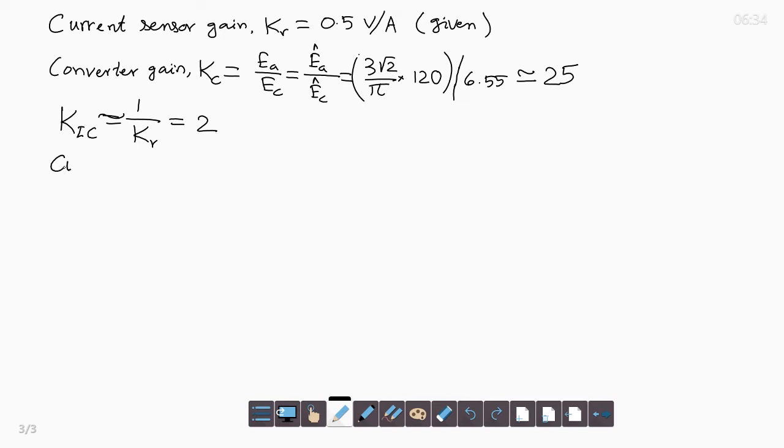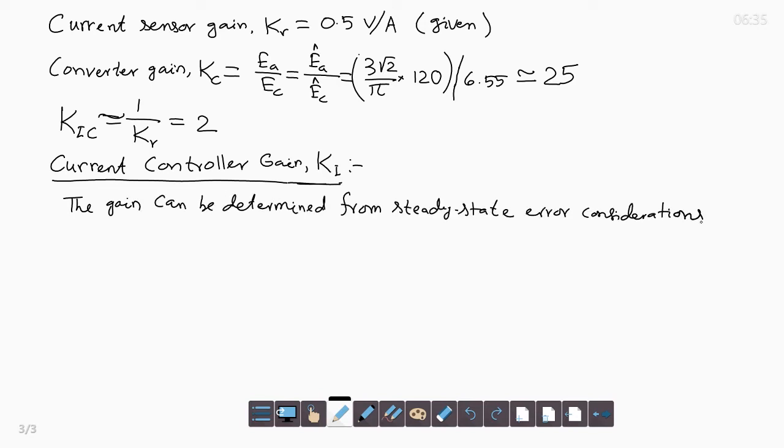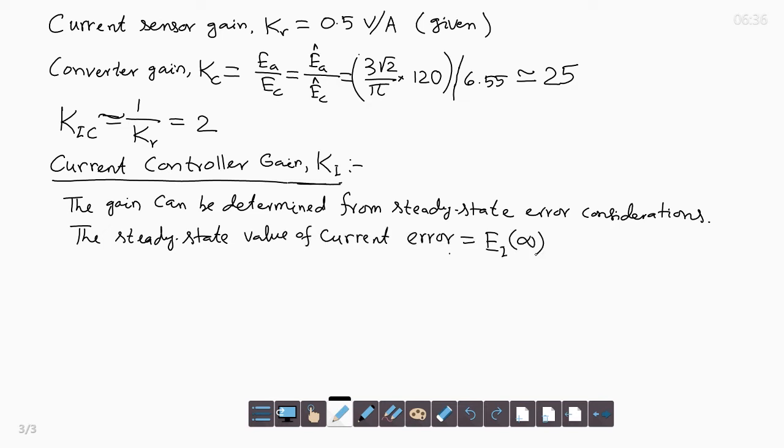Then first we proceed to determine the current controller gain KI. We want to design the controller. The gain can be determined from the steady state error considerations. So the steady state value of the current error, we denote it as EI.